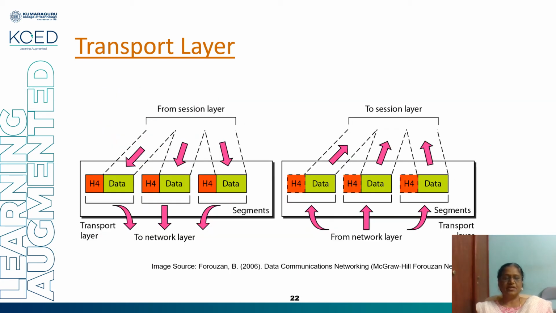You can see here the transport layer receives the message from the session layer or application layer and divides it into smaller segments, adds a header to each segment, and then gives it to the network layer. Similarly, on the recipient side, from the network layer, the segments are gathered, headers are removed, combined together, and given to the application layer.